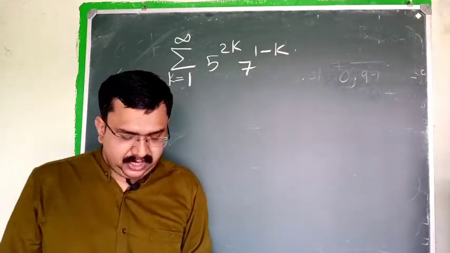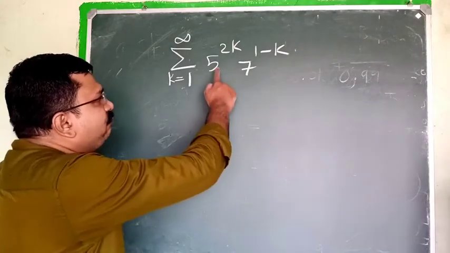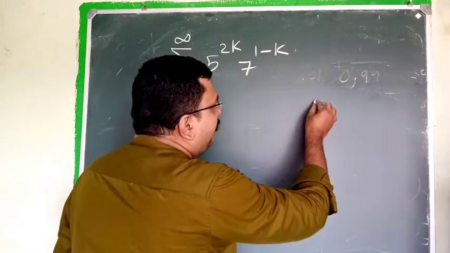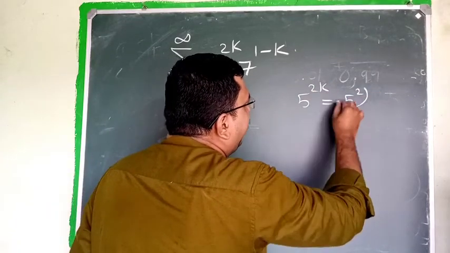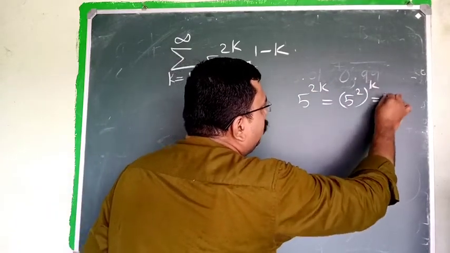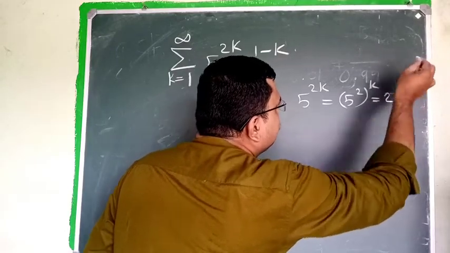How to find out? We know that 5 raised to 2k means 5 square the whole raised to k. That is equal to 25 raised to k.